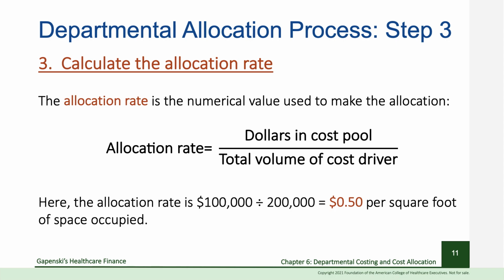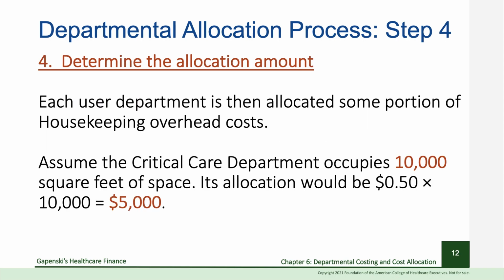It's not like the housekeeping department is using 200,000 square feet of space to do their activities, but the other departments are using housekeeping to come and clean and all of that. So all of those departments have 200,000 square feet of space that is being serviced by housekeeping. So 100,000 divided by 200,000 gives you 50 cents per square foot of space occupied. So the allocation rate for housekeeping is 50 cents per square foot of space.